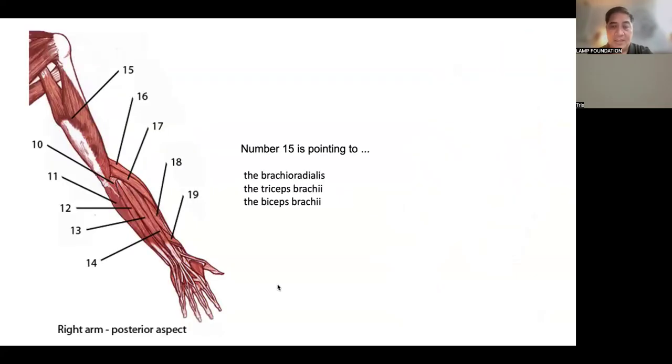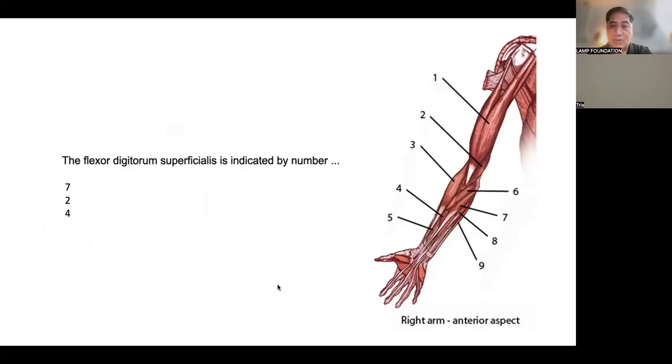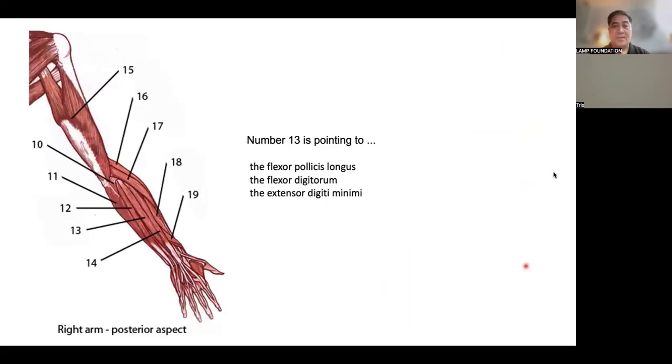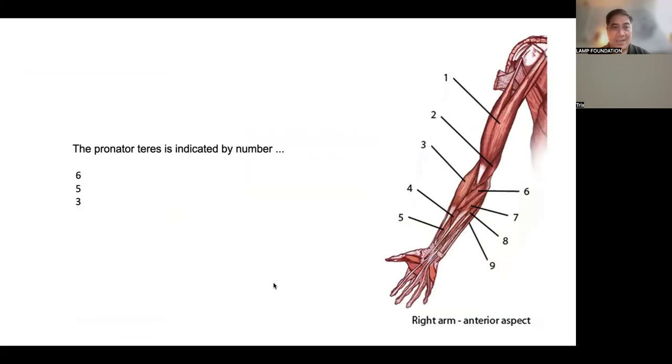Number 15 is the triceps brachii. Flexor digitorum superficialis is what number? Number 4. Number 13 is the extensor digiti minimi. Digiti minimi, little fingers.